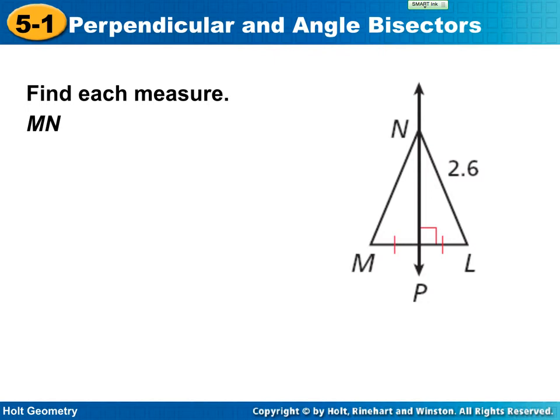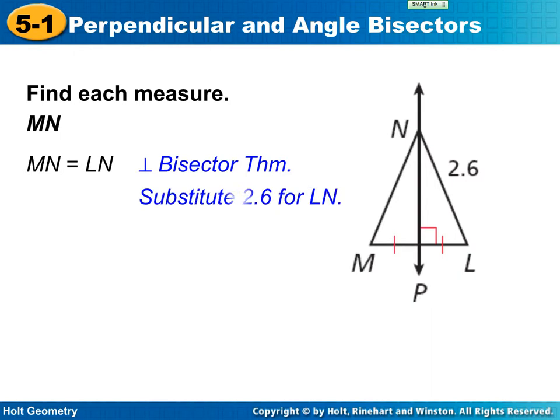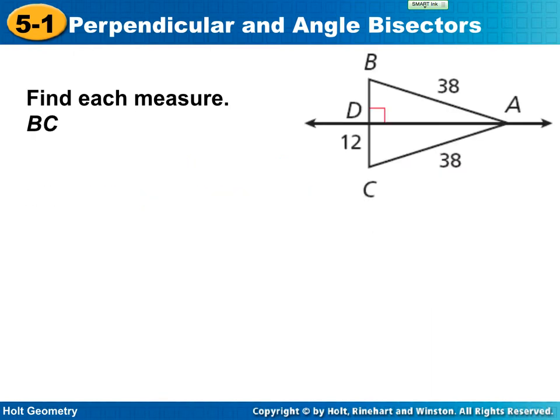Look at the hypothesis. What do we have? Do we have a perpendicular bisector? The markings, yes, indicate it is. So is that the original or the converse? Should be the original one that we were using here. So it said that N was equidistant from each end, so 2.6 was correct.